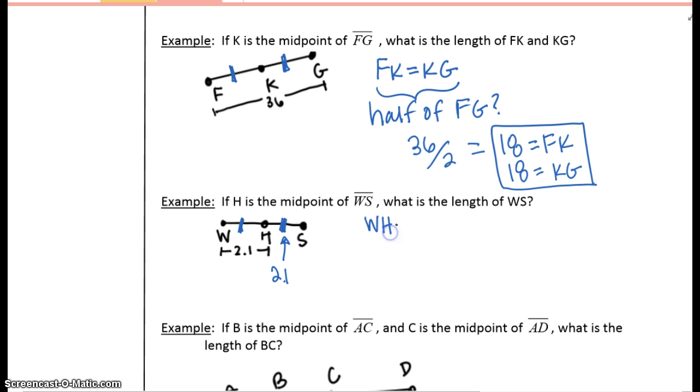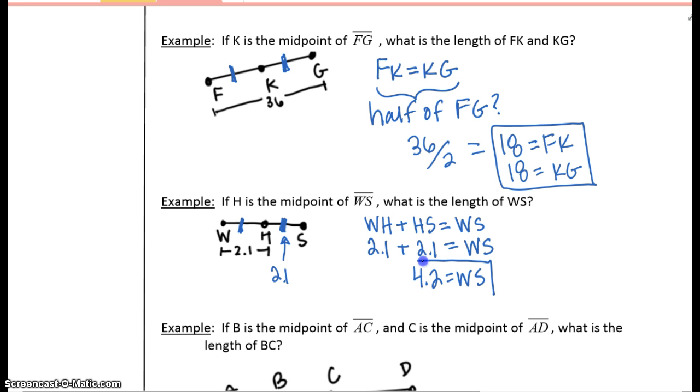So little piece WH plus little piece HS gives you the big piece, which is WS. Well, WH is 2.1, and HS in our picture is 2.1, and they both equal WS when you add them together. And when you add them together, you get 4.2 as WS.